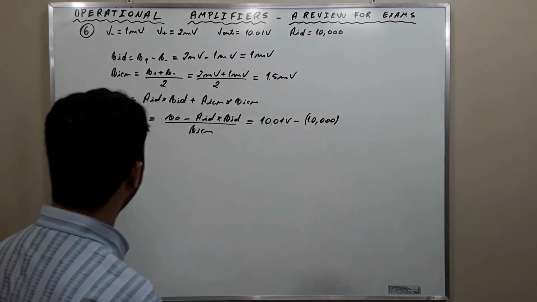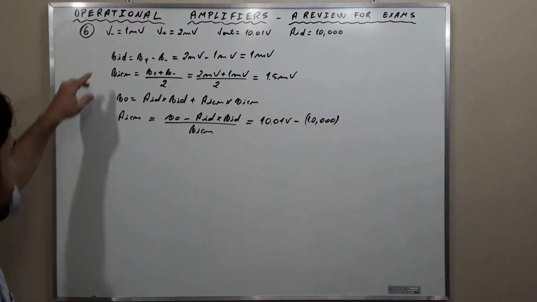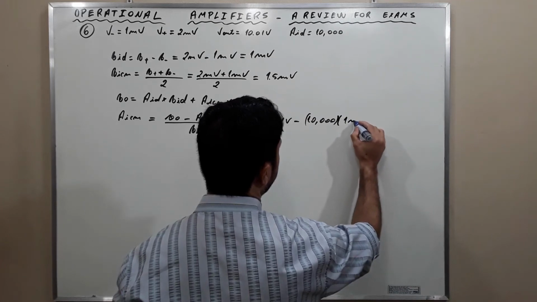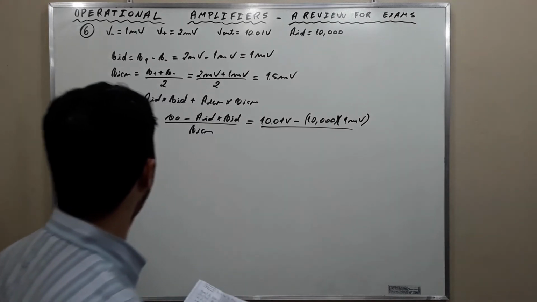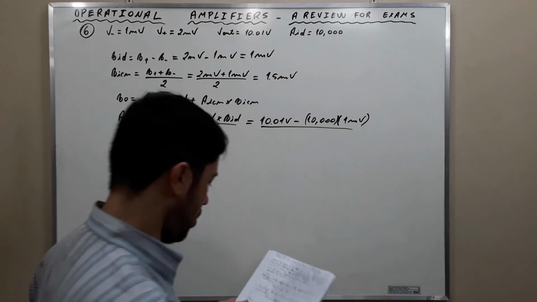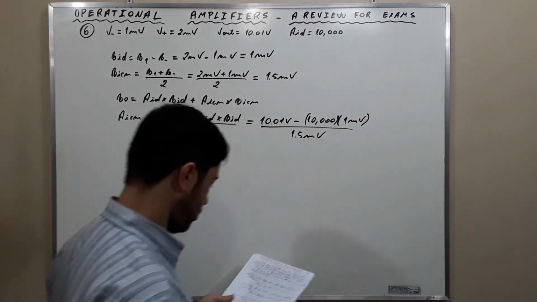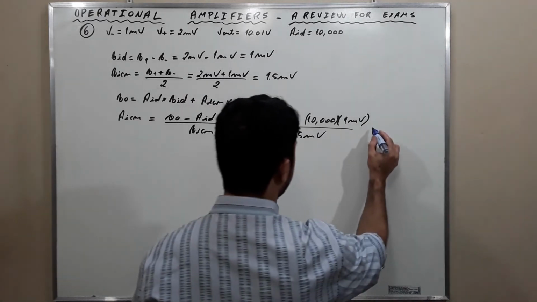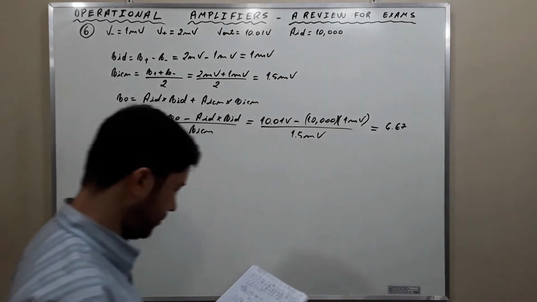And the differential input voltage 1 millivolts. And it is going to be divided by VICM, which here we discover as 1.5 millivolts. And consequently, the common mode gain is 6.67, okay?